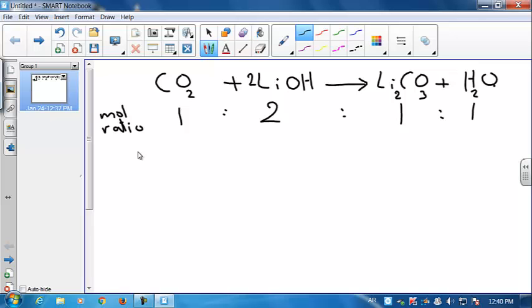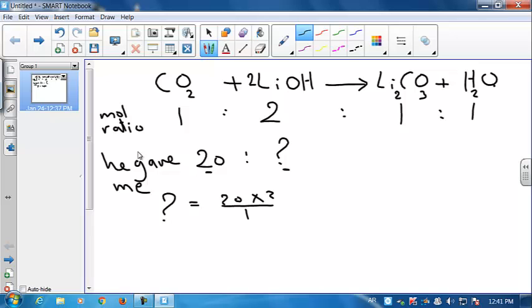So step number 3: he gave me 20 moles of carbon dioxide, and he wants how many moles of lithium hydroxide. Apply the mole ratio. If each 1 mole of carbon dioxide reacts with 2 moles of lithium hydroxide, then 20 moles react with how much? Cross multiplication. So the number of moles of lithium hydroxide equals 20 times 2 over 1, equal to 40 moles. That easy.